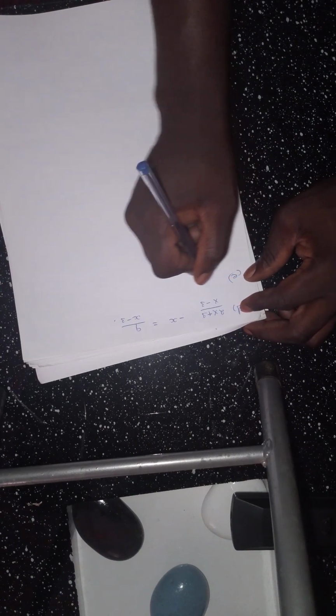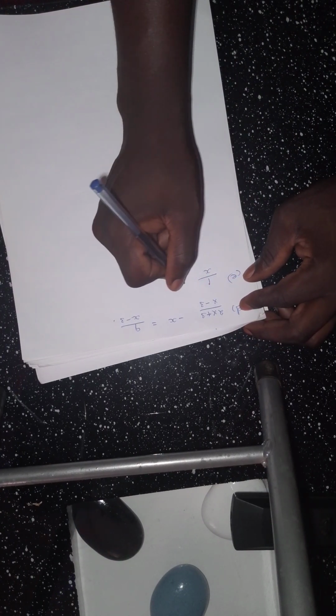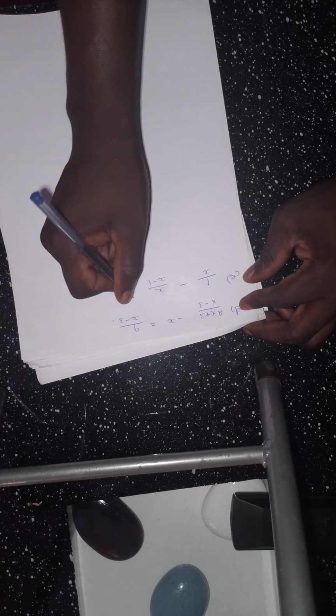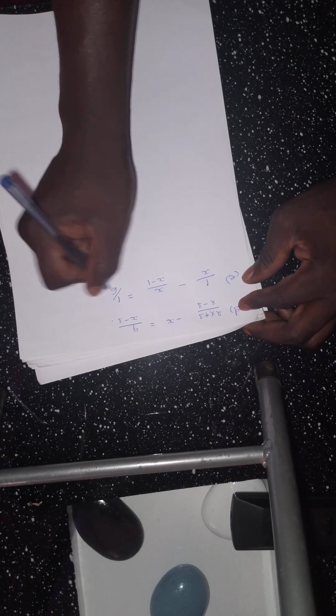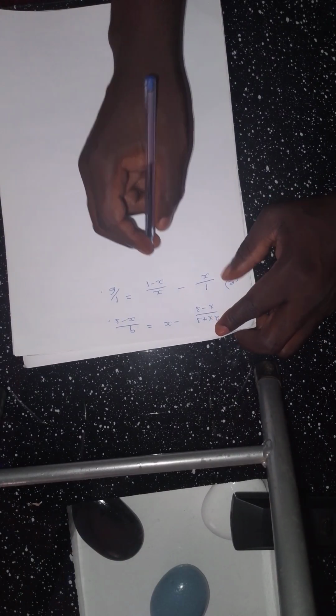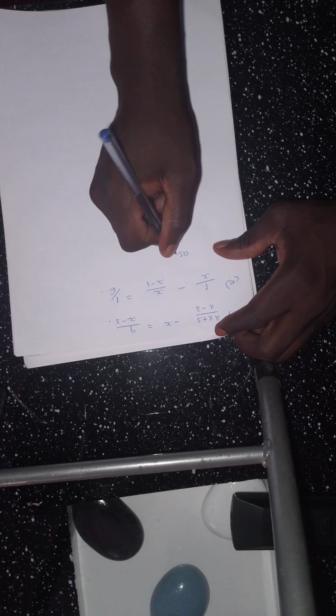Then part E, we shall have 1 over x minus x over x minus 1 is equal to 1 over 6. You can try out those.